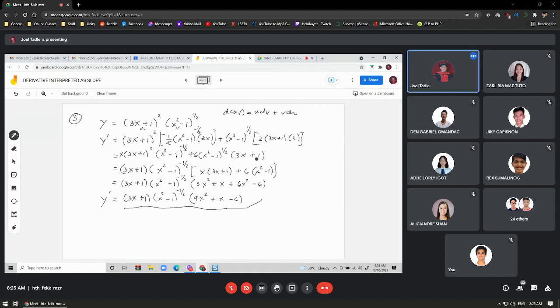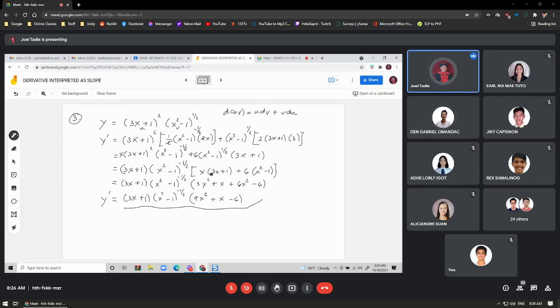Then, ang mahabilin sa first term, kung ato i-factor out ang quantity 3x plus 1 times quantity x squared minus 1 raised to the power negative 1 half, ang remaining expression sa first term is x times quantity 3x plus 1. Is that correct? Yes, sir. Sakto. Okay, squared ba na siya, no?